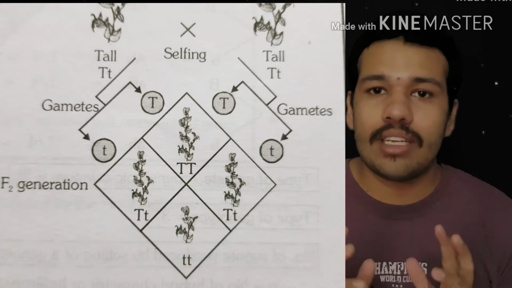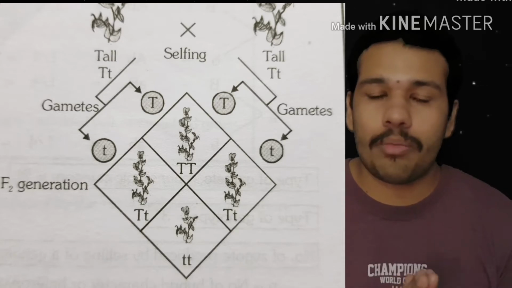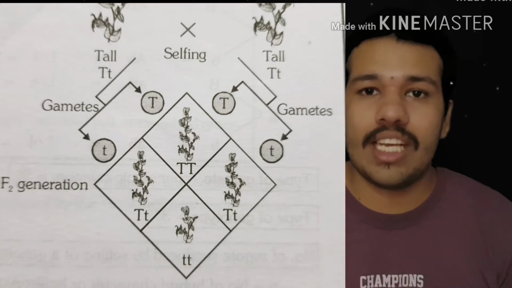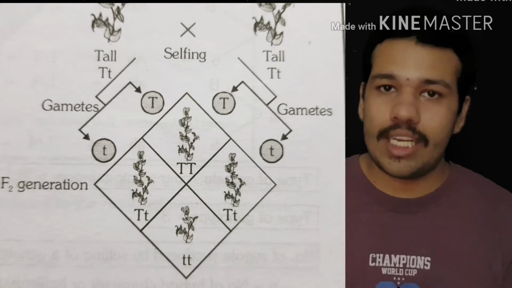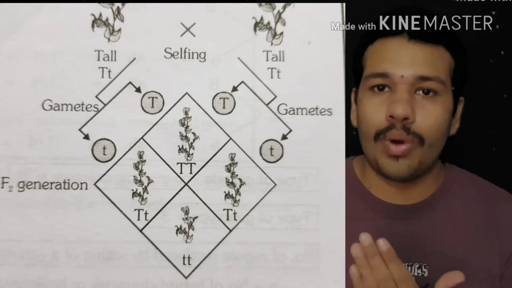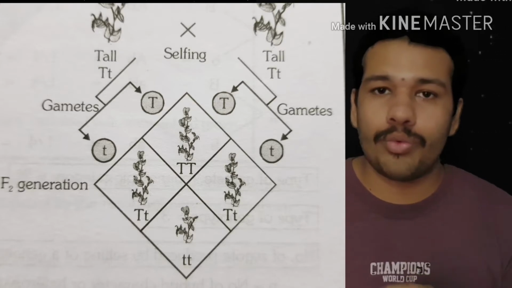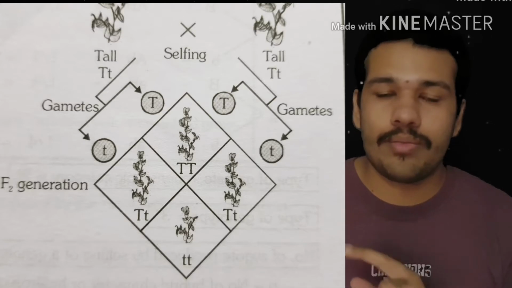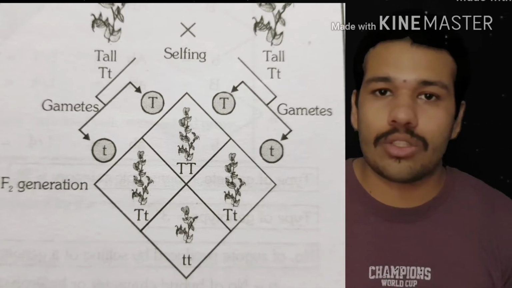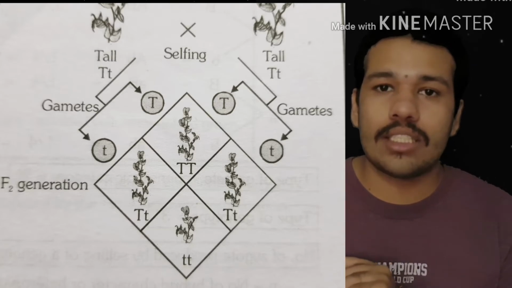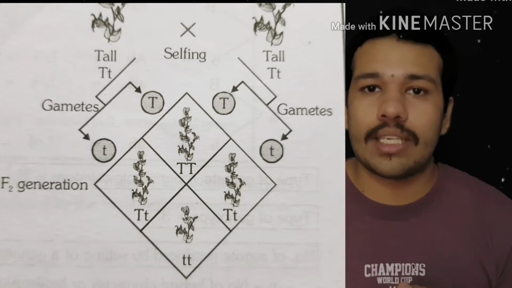Now here we can see when two heterozygous tall plants crossbreed with each other, we get a ratio like 1:2:1, where 1 is homozygous tall, the 2 are heterozygous tall, and the 1 at last is homozygous recessive.